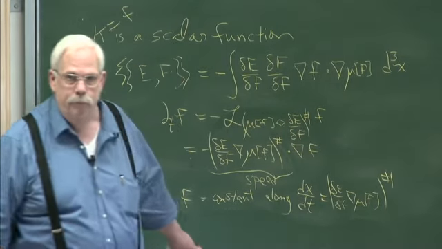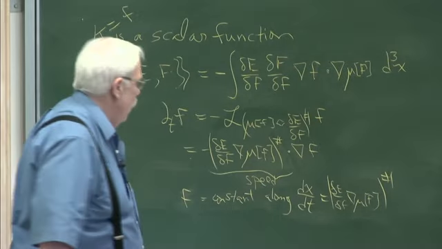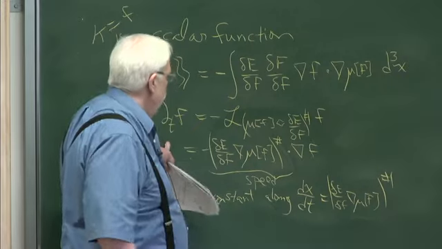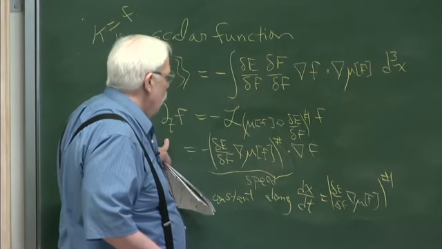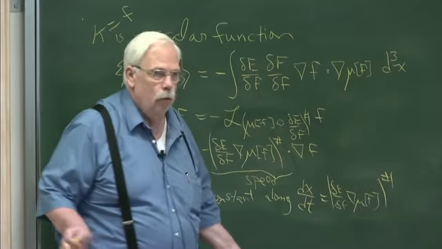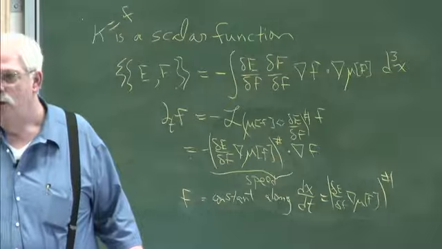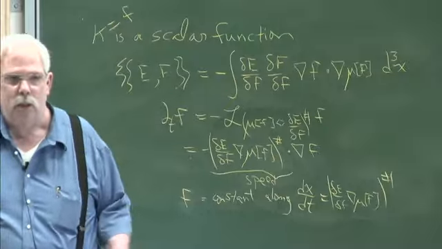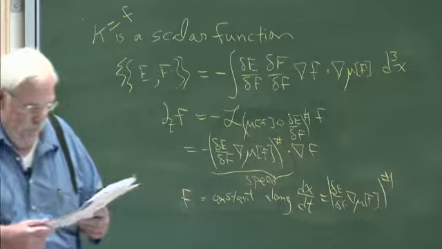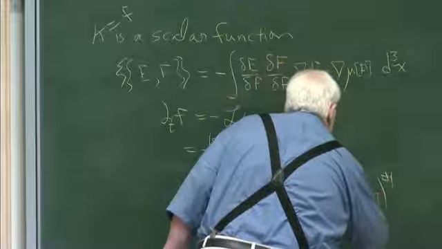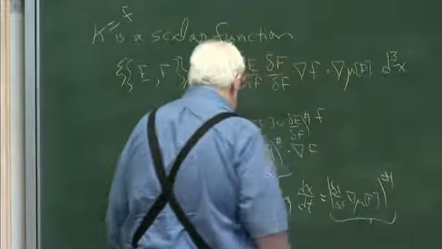Very simple. Something with this velocity here is just displacing F as a function of time. The Lie derivative for scalar functions is just a vector field dotted with the gradient. And this object here is our signal speed.